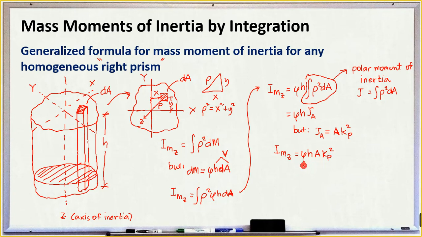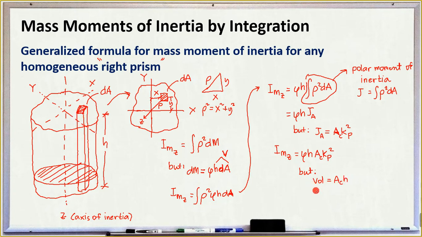Going back again, this is A, the cross-sectional area. If we analyze the figure, the volume of this entire homogeneous right prism is just the cross-sectional area of this right prism times its height.